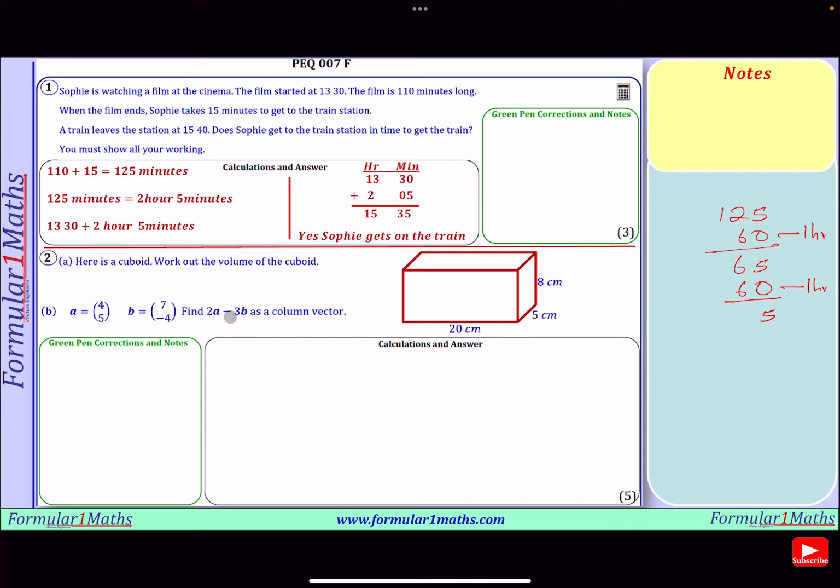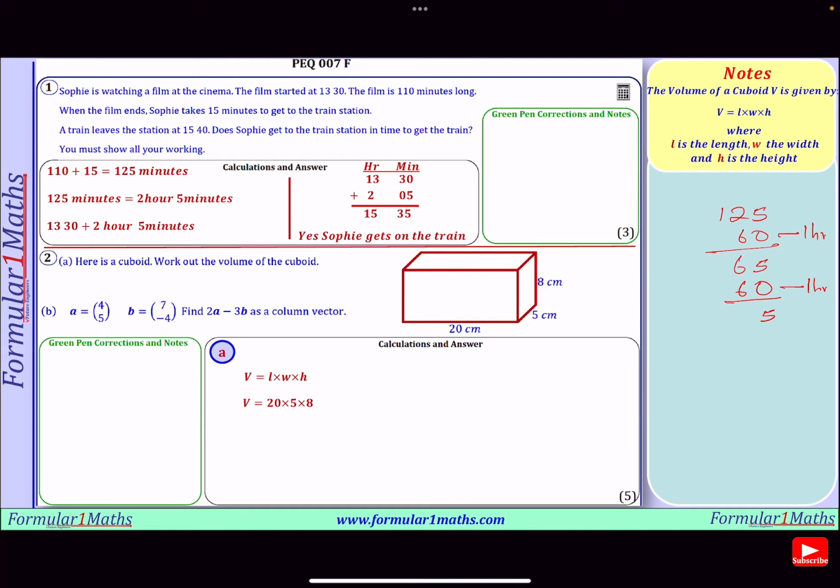So for A, the volume of a cuboid is given by length times width times height. And L is the length, W is the width, and H is the height. So using that formula, we can do a substitution using 20 for the length, 5 for the width, and 8 for the height.